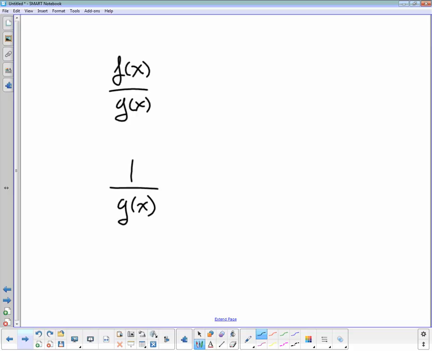Other things that have holes or are non-differentiable are things with rational exponents. Those things often have cusps or weird places where things don't play nice. Okay. Other things would be, for example, absolute value functions. Those are continuous, they're just not differentiable.